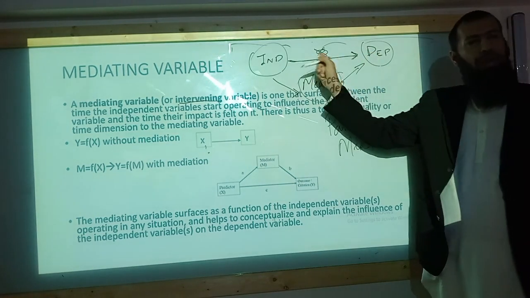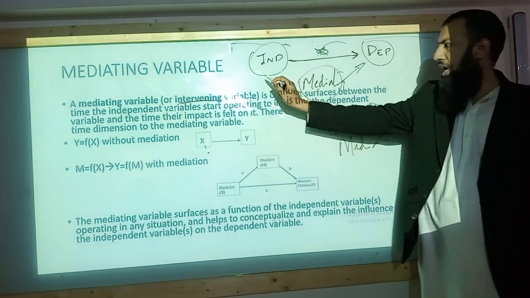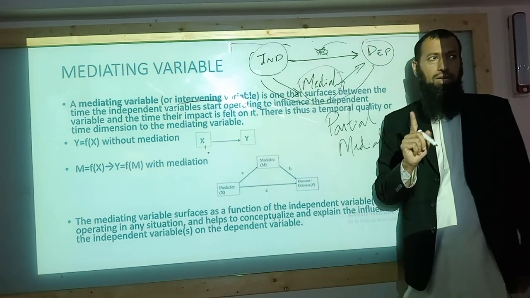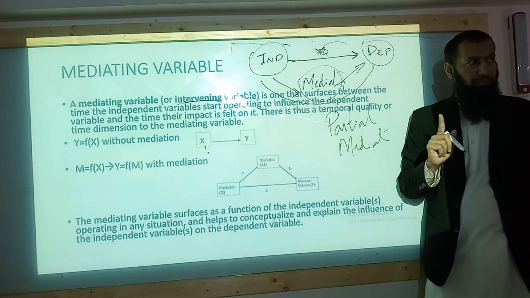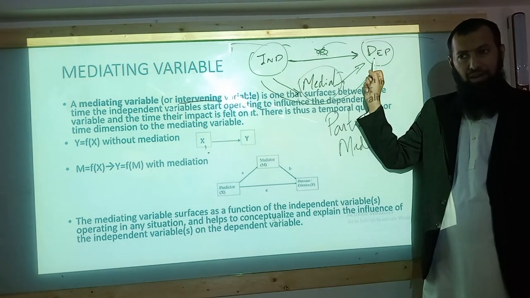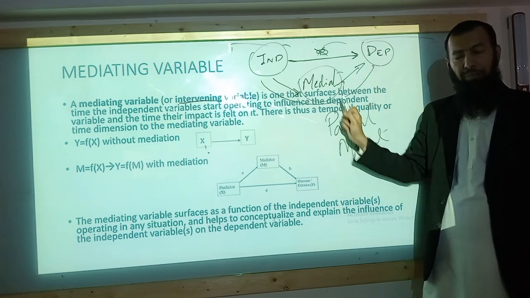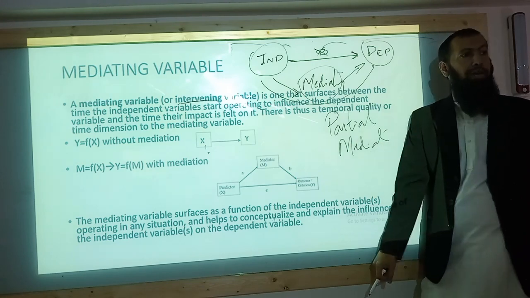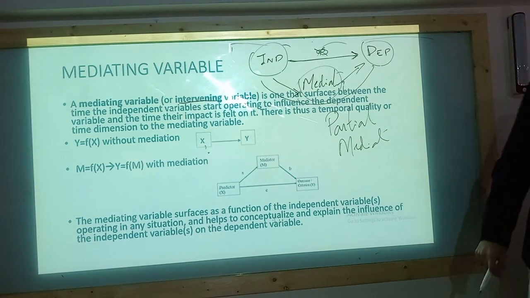When there is no direct relationship, it is called full mediation. That means it is through the mediating variable only. And when there is a direct relationship as well as the mediating relationship, it is called partial mediation. Okay, is it clear up to here? Now let's move ahead.